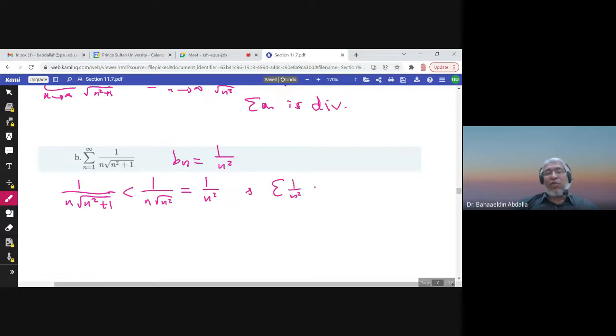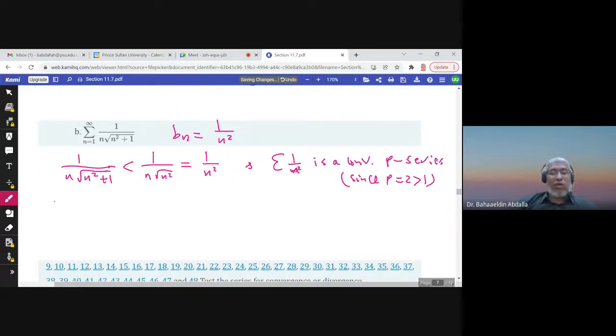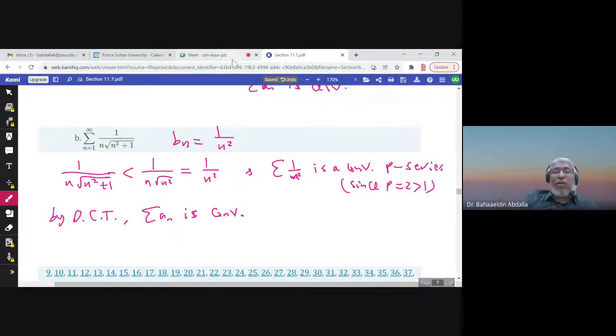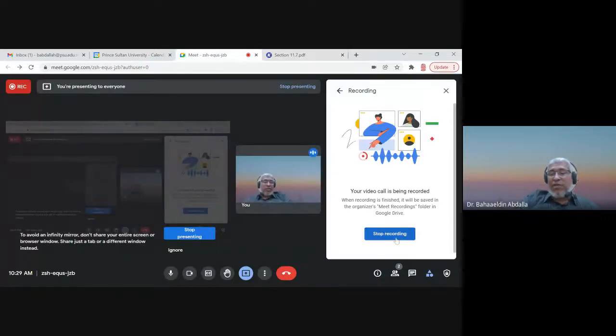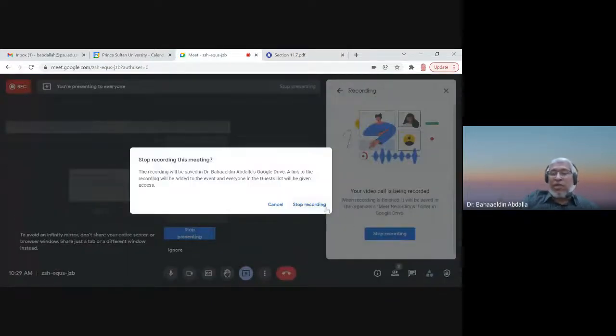And summation 1 over n square is a convergent p series since p is 2, greater than 1. So by direct comparison test, summation an is also convergent. This is enough. I'll stop here and I'll continue more examples about series in the next video.